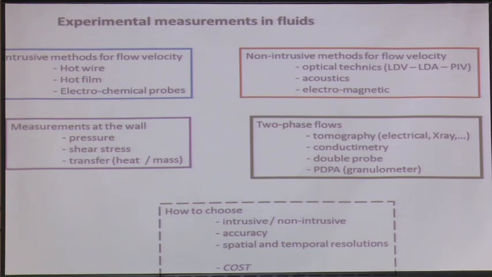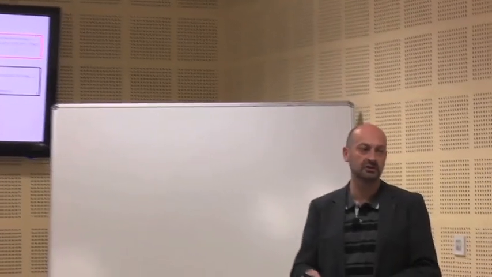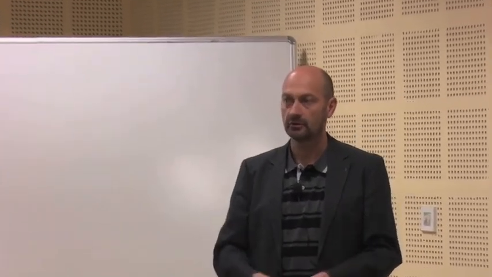If your probe is not properly calibrated and you think that the velocity is 1 meter per second, but actually it's 1.5 because you didn't take care of the evolution of the temperature on your sensor, you may also have very wrong answers from experiments. So you have to take care about calibration, accuracy, resolution, and all that, and you need to be trained on that as well. Accuracy is of course a big issue, because when you do measurements you want the error bars to be as small as possible.